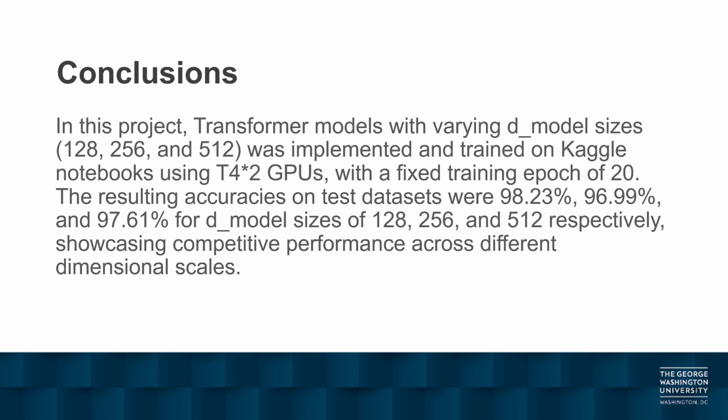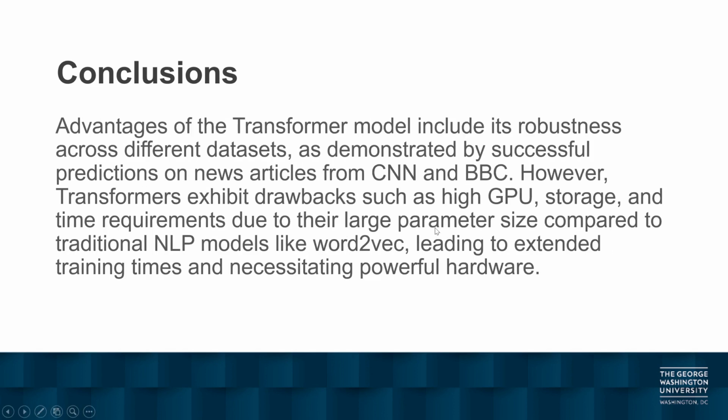The resulting accuracies on test datasets were around 98%, around 97%, and around 97.5% for the d model sizes of 128, 256, and 512 respectively, showcasing competitive performance across different dimensional scales.